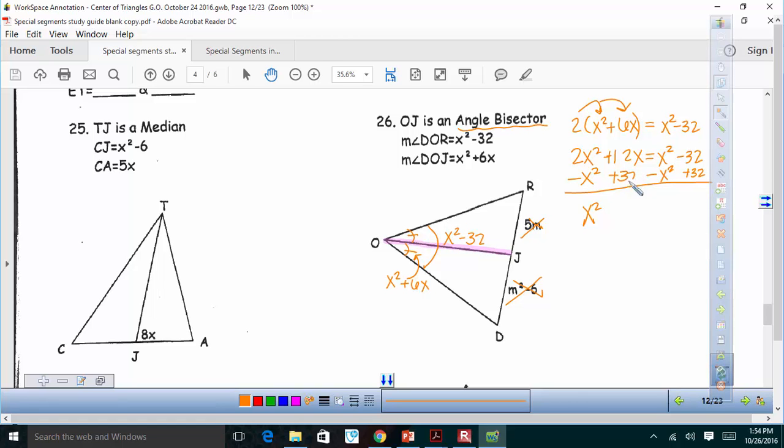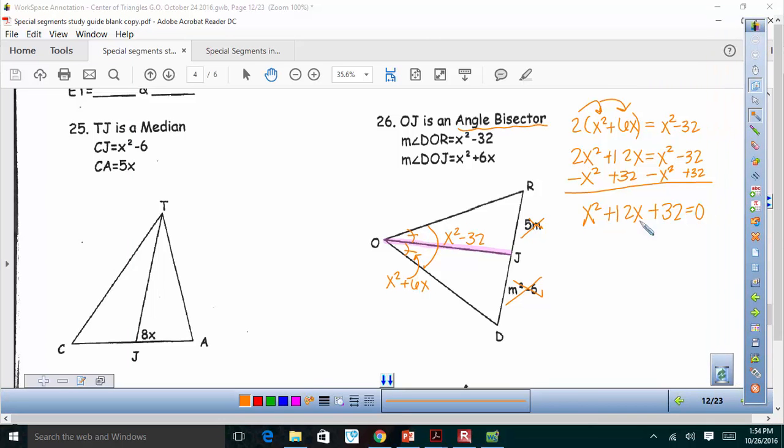Now, can I combine 32 and 12x? No, so I'm going to bring plus 12x down, and then I'm going to put plus 32. Okay, so what type of factoring is this? Very good. Trinomial shortcut. So I can go ahead and put my parentheses. What letter is going to go in both?